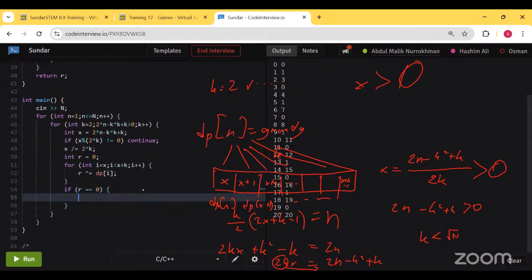It means there is a way to win the game, to make the XOR of the Grundy numbers 0.